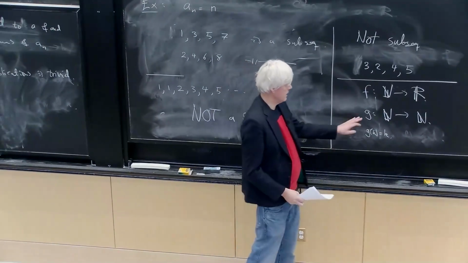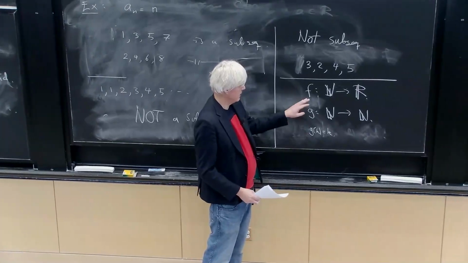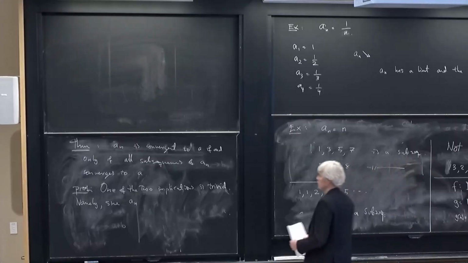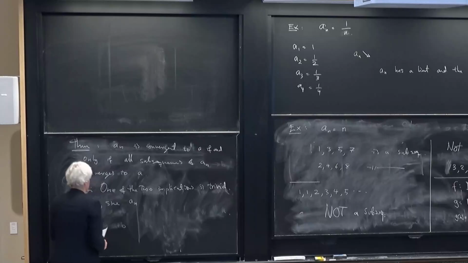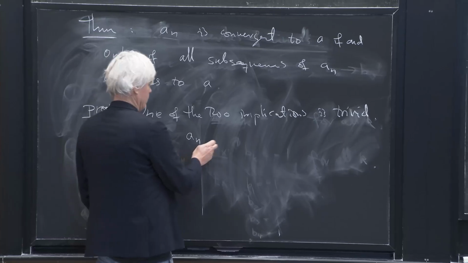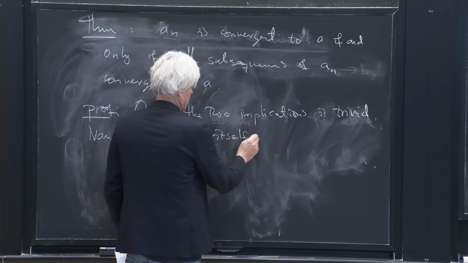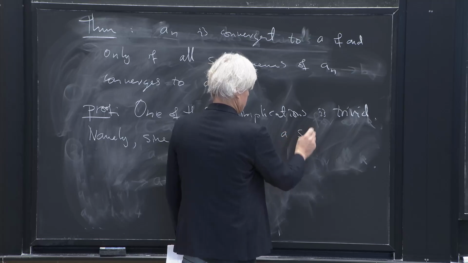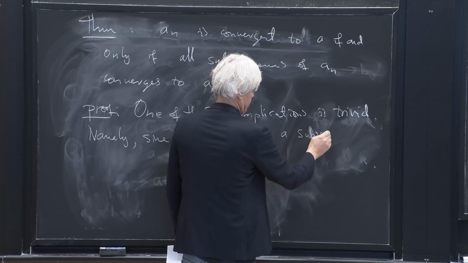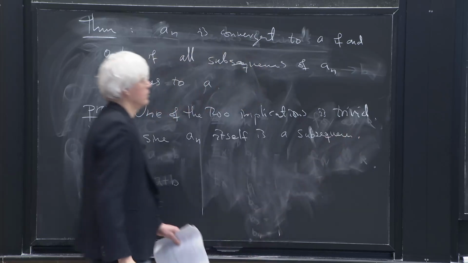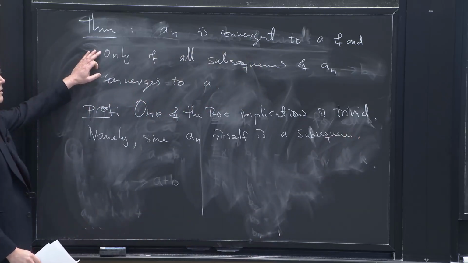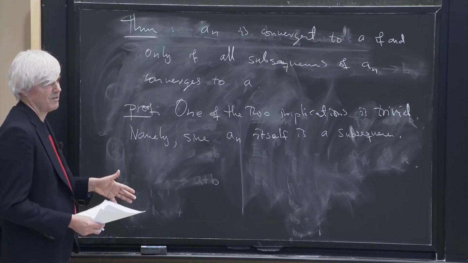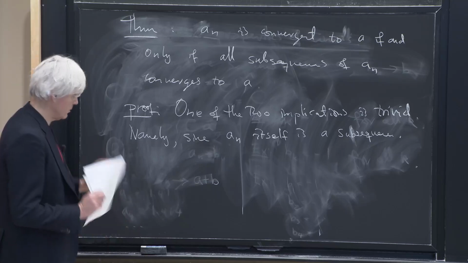And if this map was the identity, then the subsequence would just be the original sequence. So one of the two implications here is trivial, since an itself is admittedly trivial, but it is a subsequence. So if all subsequences converge to A, then the original sequence, since it is a subsequence, will converge. So that was trivial.